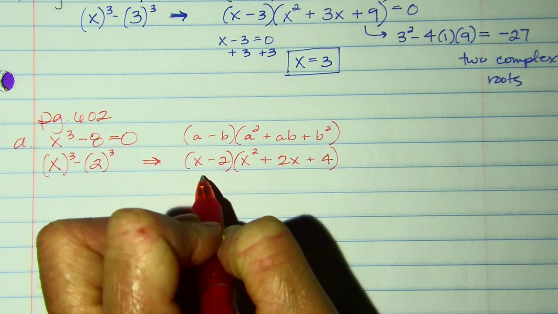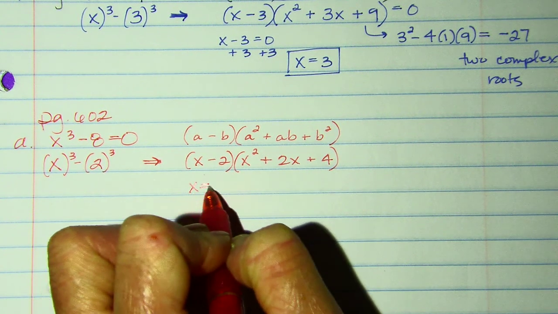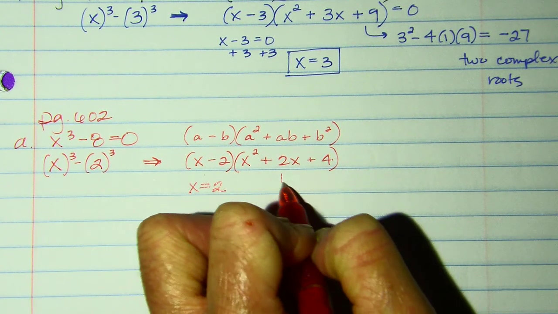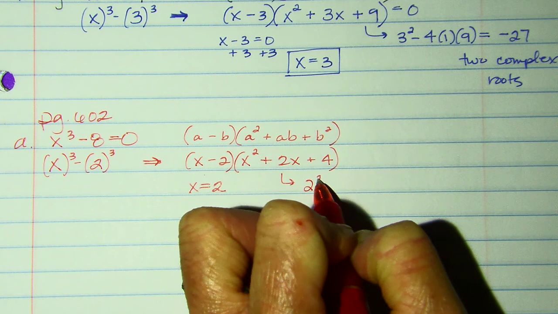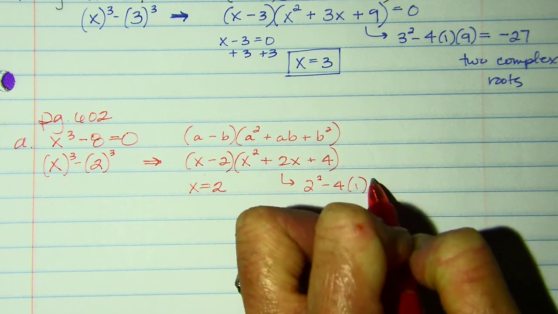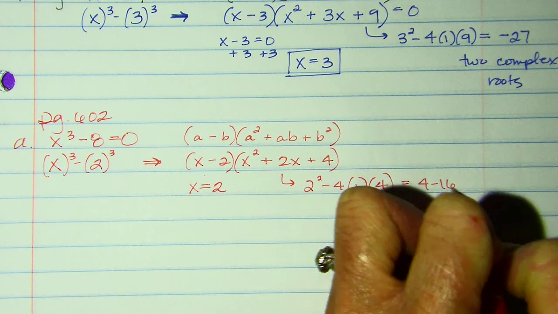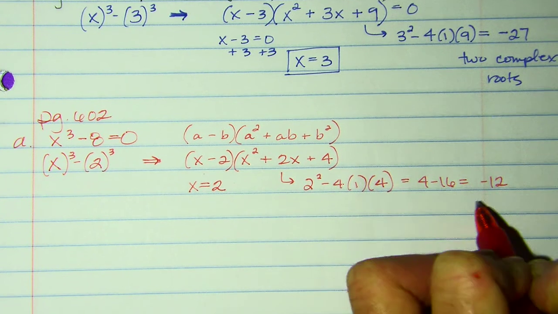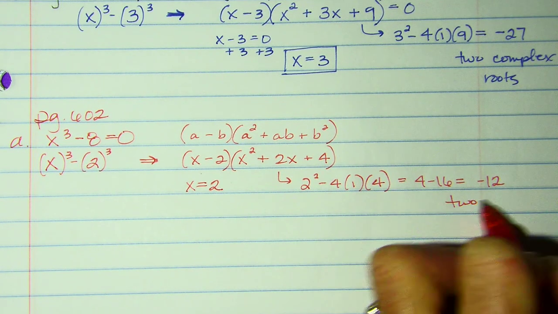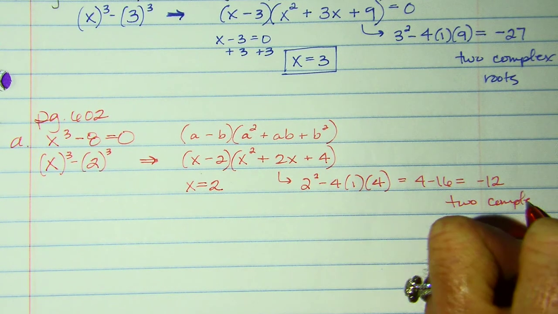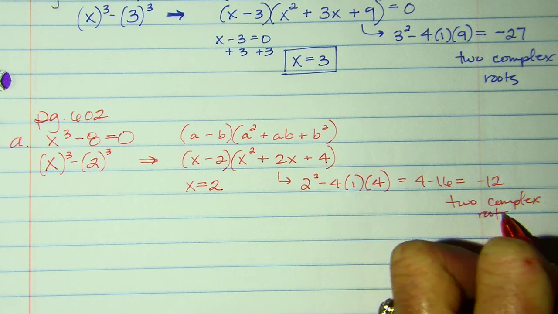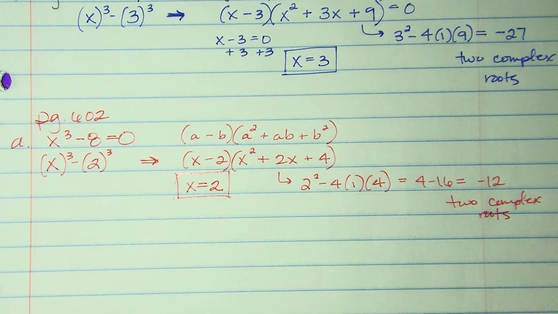So this gives me x equals a positive 2. This is 2 squared minus 4 times a times c. This is going to give me 4 minus 16, or negative 12. So again, this is going to give me two complex roots. So these will be imaginary. So my only real root is x equals 2, which can be confirmed by your graph.